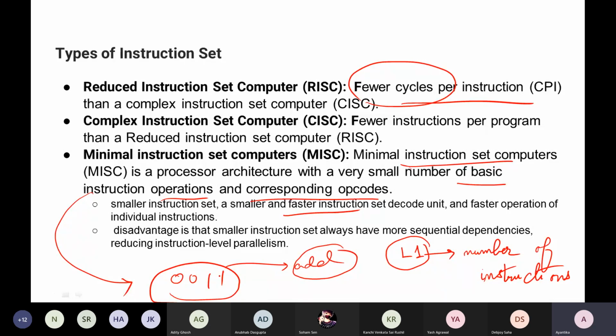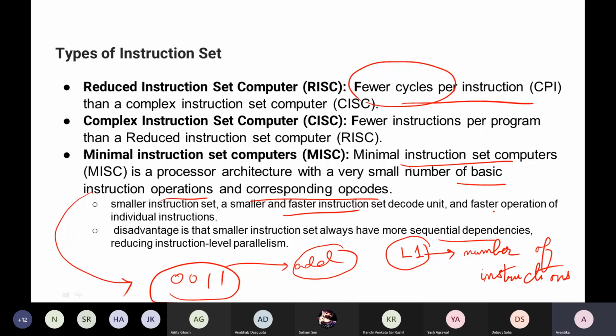Whereas you have to write more sequential dependencies when you are going to write something complex. When you have a very small instruction set, you have basically written some complex instructions, and those complex instructions are in turn calling some basic instructions, right?